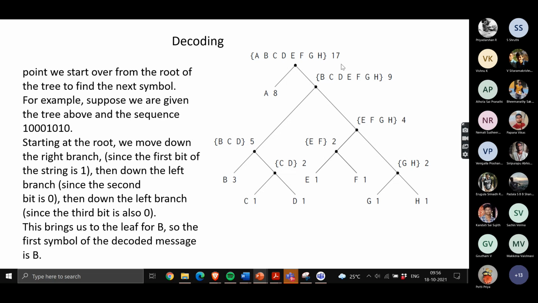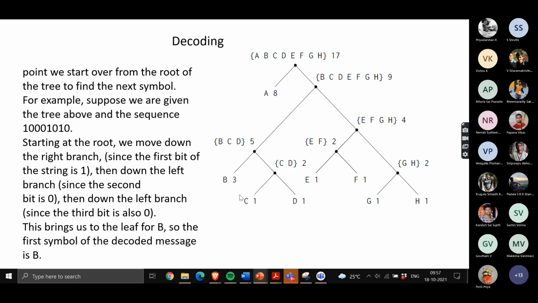And then what is the next character? Once you reach the terminal node, go to the root node once again. So you are now at the root node. What is the next data? It is 0, and 0 means left side from the root node. You reach a terminal node, it is A. So the second character is A. Then go to the root node again, and it is 1, so right side, then 0 left side, then right side, and then left side.